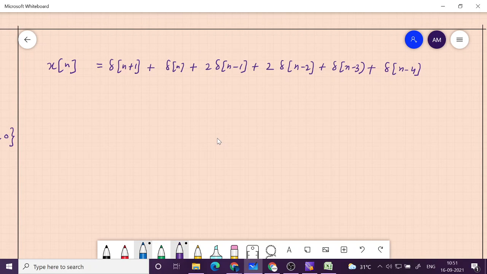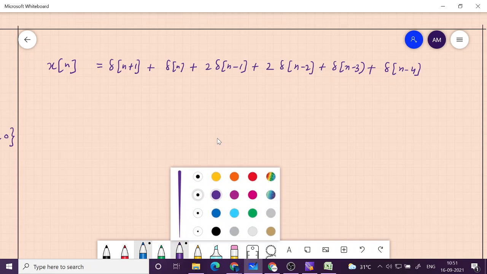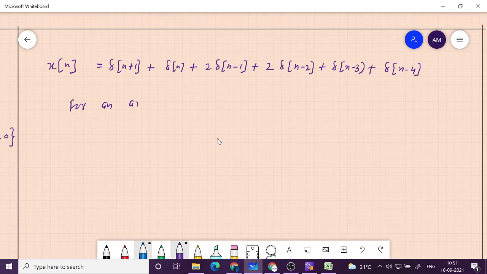Now this is for a particular function. If I had a general function, then how will I write it? So for an arbitrary function x of n, in this way I can write x of n is equal to, I will put some dot dot dot because I cannot write all the cases, and then x of minus 1 into delta of n plus 1, because I can have a different amplitude other than 1.